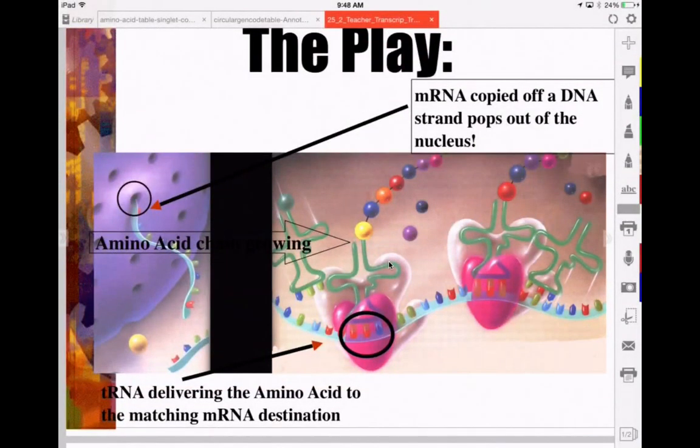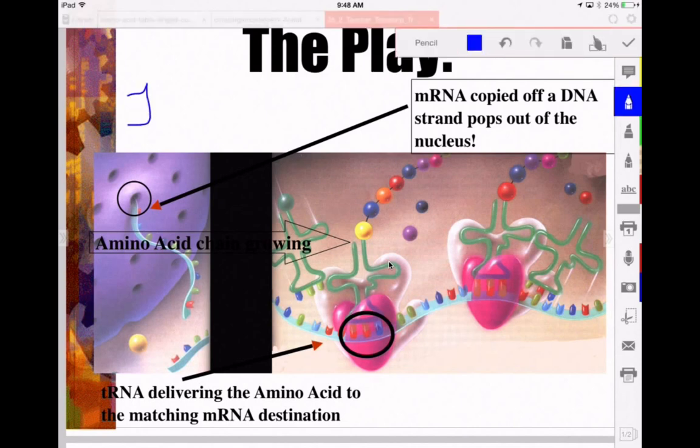This is a picture from your book. I'm sorry about the graphic. I'm wondering where that black little piece of schmutz came up in my diagram. But this is a stamping process, and the play, the whole thing, is called translation.